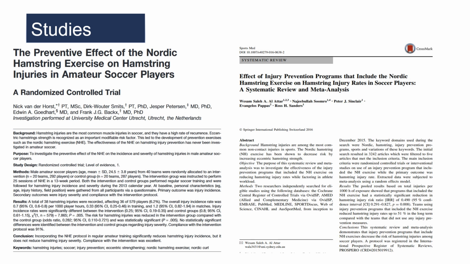This study reports a 51% decrease in injuries with Nordic hamstring exercises across all 5 studies as compared to the control group. So this is the importance of incorporating Nordic hamstring exercises in the regular training program of soccer players.